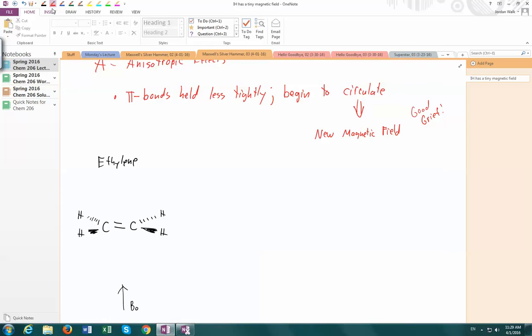First off, the magnetic field created by the electrons, does it go with B naught or against B naught? Against B naught. We talked about this last time. Always it's going to oppose B naught. And so what it ends up looking like is it circulates in a manner such that the middle of our molecule is magnetically opposing B naught.